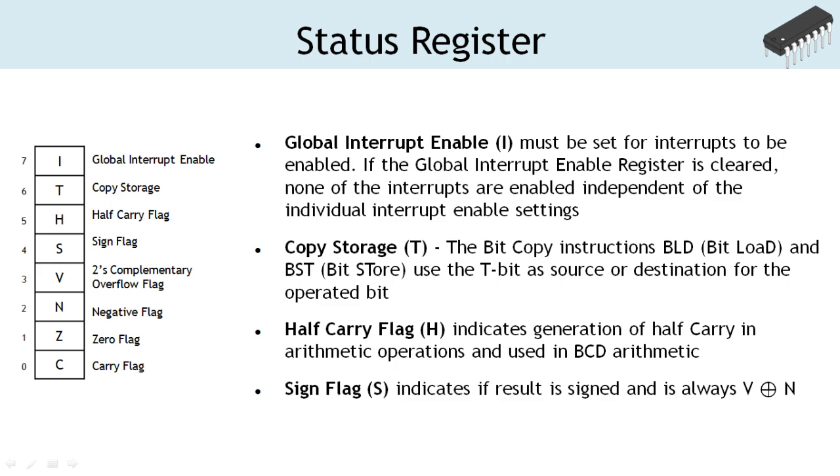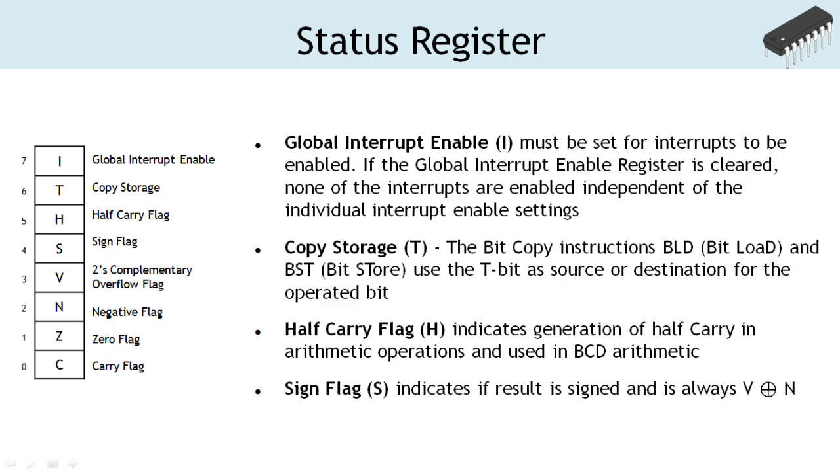The bit number 7, named as Global Interrupt Enable, identified as I flag, enables or disables the interrupts on the microcontroller. If the bit is cleared, all the interrupts are disabled irrespective of the individual interrupt enable setting. The AVR CPUs provide instructions to load and store a bit in a register.